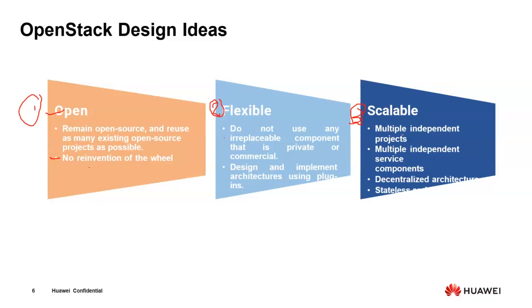Then it's scalable because multiple independent projects can run at the same time, and multiple independent services and components can be used, in a decentralized architecture. Something is missing here, stateless something. So basically, these are the main ideas of OpenStack: it's open source, it's flexible, and it's scalable.